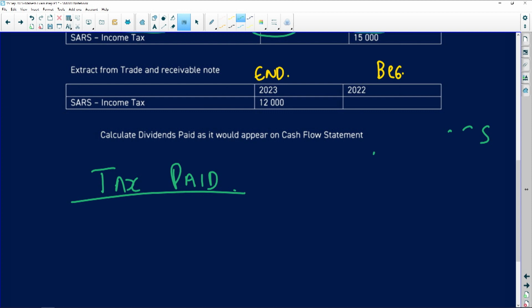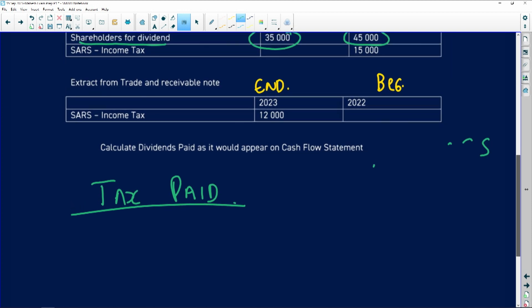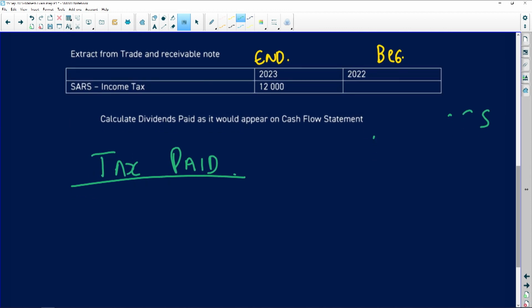Okay, so here taxation paid is slightly different, right? Because obviously, again, you can either show the note or you can show a calculation using a T account, a ledger account. What do I often recommend my students to do?